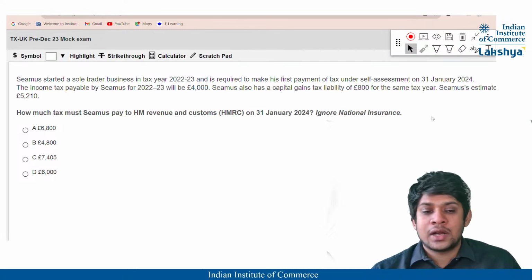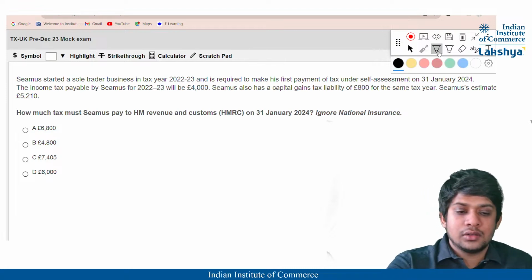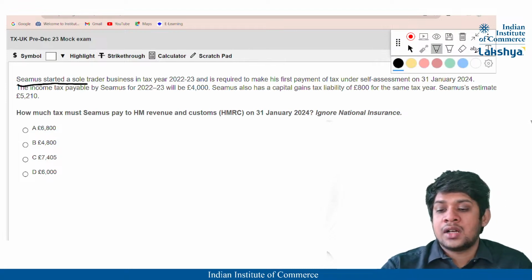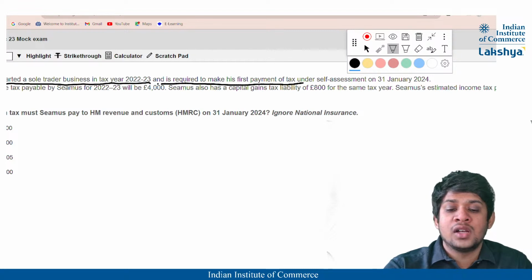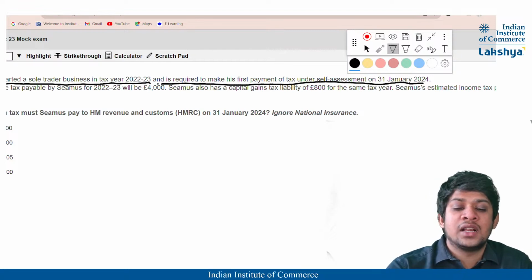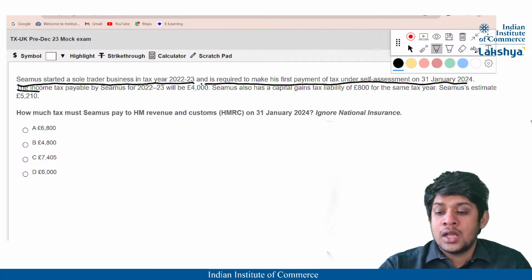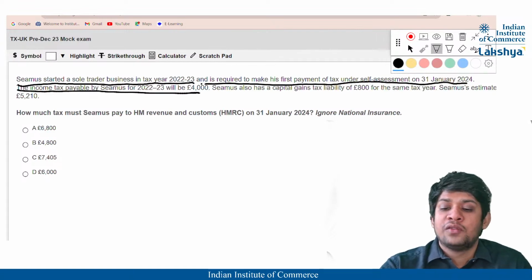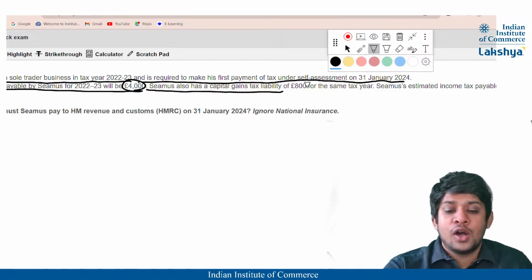Let us look at this sum now. CMA started a sole trader business in tax year 2022-23 and is required to make her first payment of tax under self-assessment on 31st January 2023. The income tax payable for 2022-23 was 4,000 pounds. CMA also has a capital gains tax liability of 800 pounds for the same tax year.